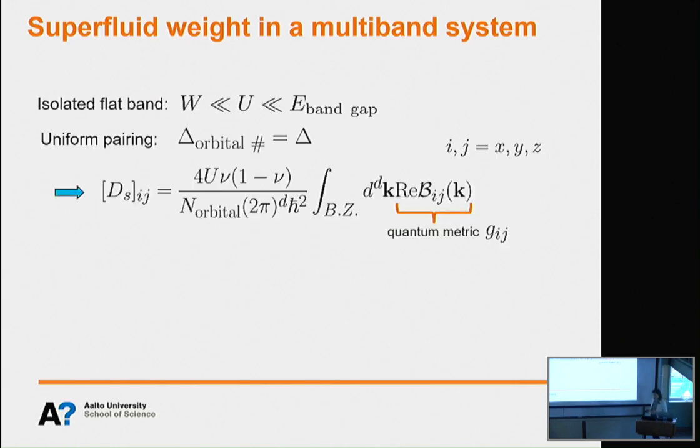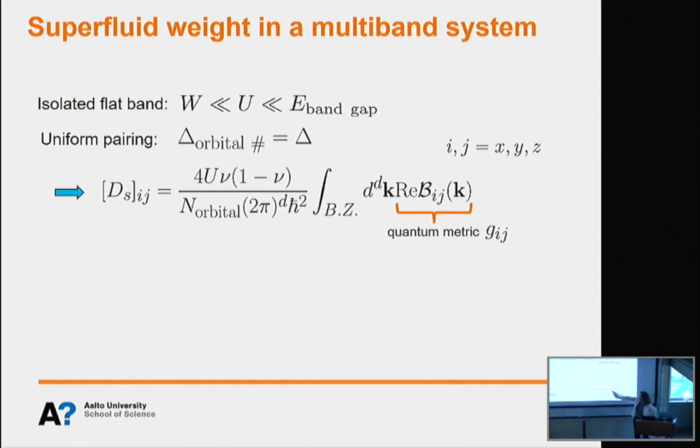And then when we look more closely at this geometric part, we can get a nice analytical result if we assume that the flat band is separated from other bands sufficiently, so that the interaction is so small that you don't put particles on the other bands. And of course we have to have the flat band, so bandwidth smaller than the interaction. And then furthermore we assume uniform pairing, so that in all orbitals we have the same pairing. And in this case, the results become very clear.